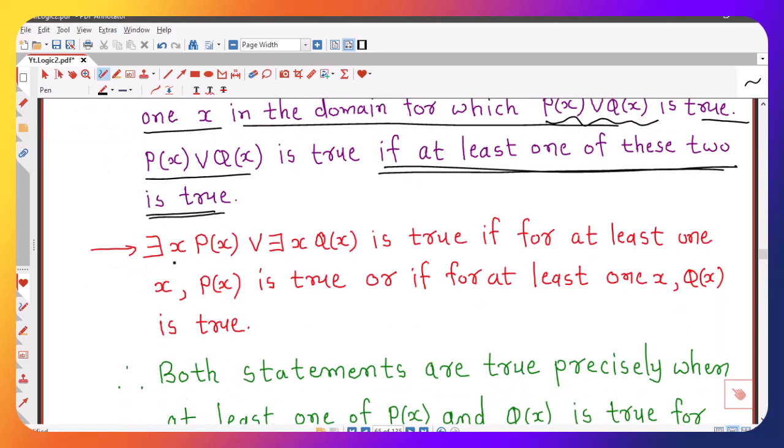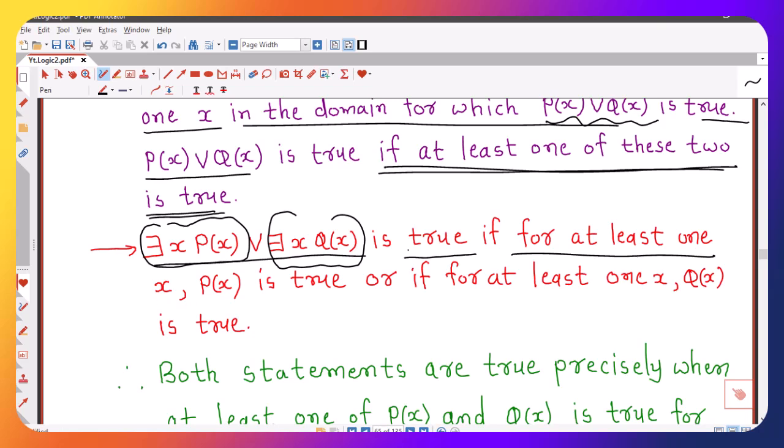Now for the second part, I have written there exists x px or there exists x qx. This is true if there exists x px is true or there exists x qx is true. That means this is true if for at least one x px is true or if for at least one x qx is true.